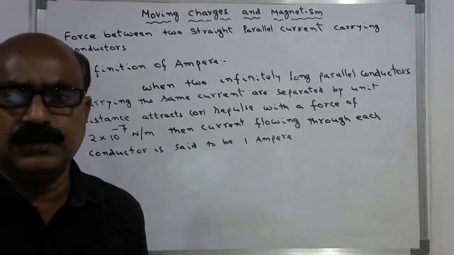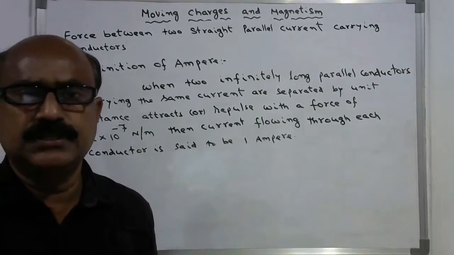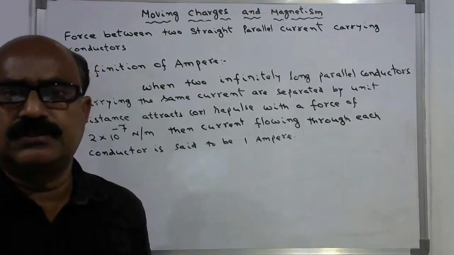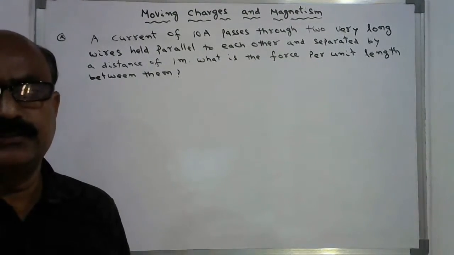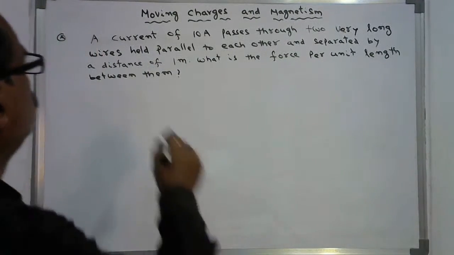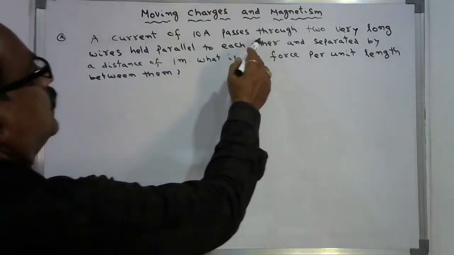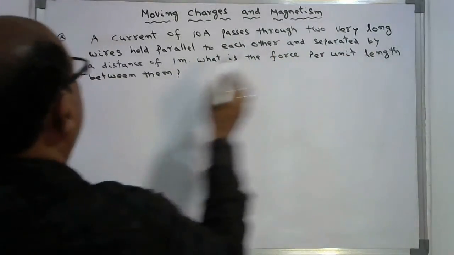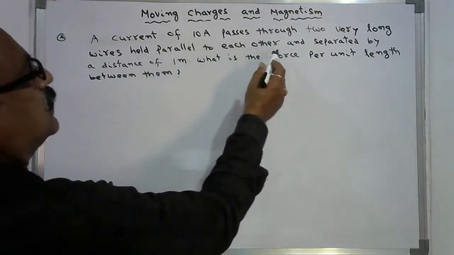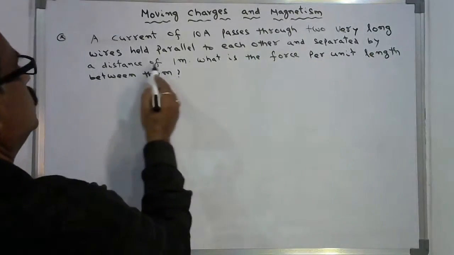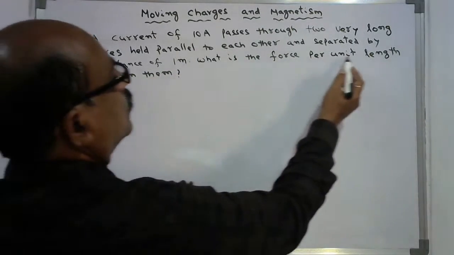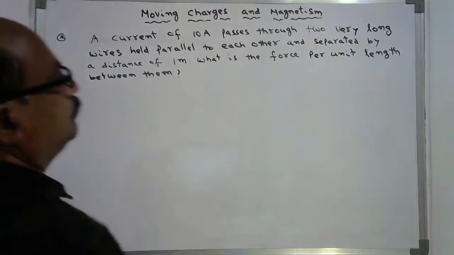Now let us solve one problem based on this concept. A current of 10 ampere passes through two very long wires held parallel to each other and separated by a distance of 1 meter. What is the force per unit length between them?